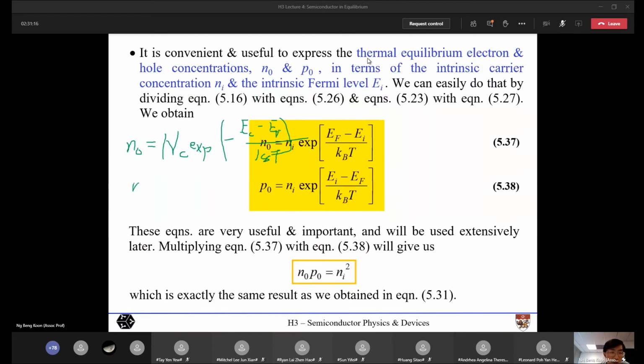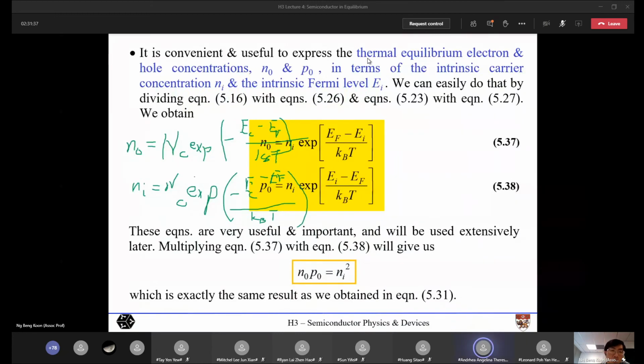And of course, we have another expression for Ni, which is also NC times an exponential, in this case, minus EC minus EI, over KBT. Sorry, I'm writing with a mouse, so the handwriting is horrible.